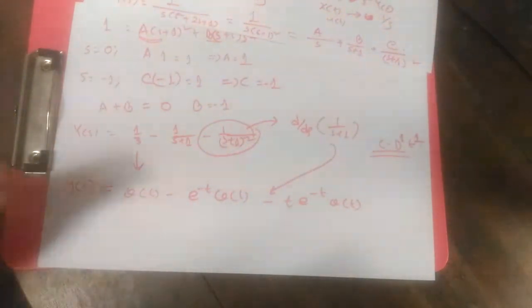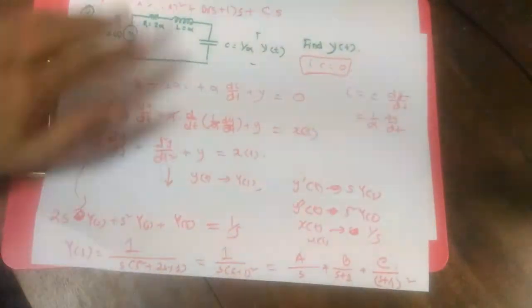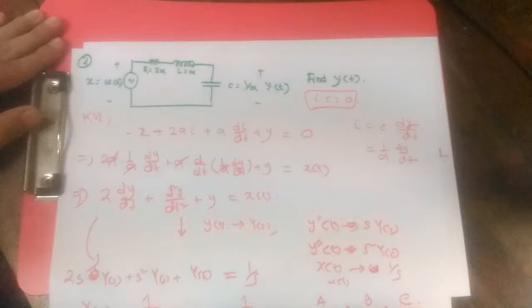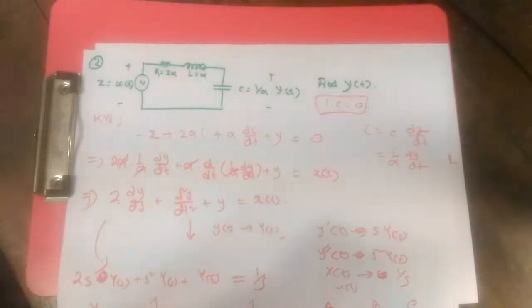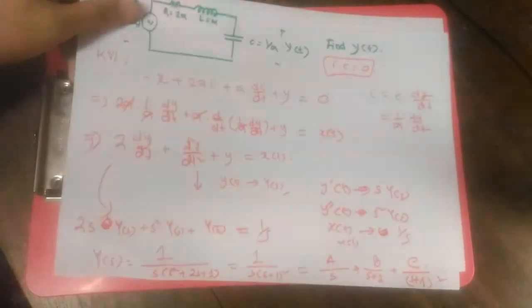So this is our solution for this circuit. You see, it's very easy. You need to apply the Laplace transformation, find the equation for Y of s, and then do the inverse Laplace transformation to come back to the time domain. Thank you.